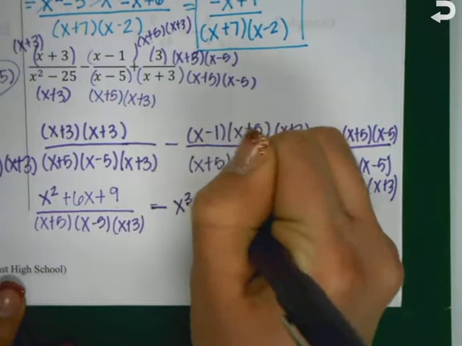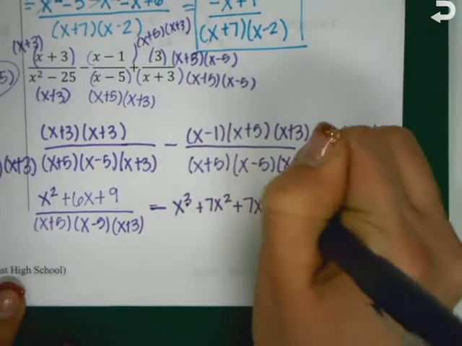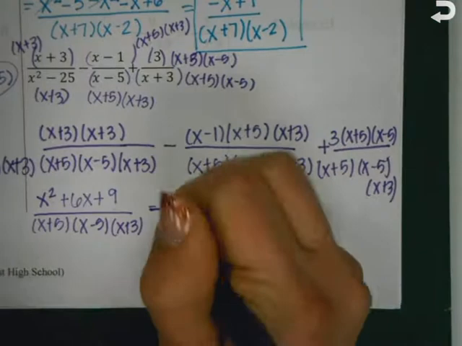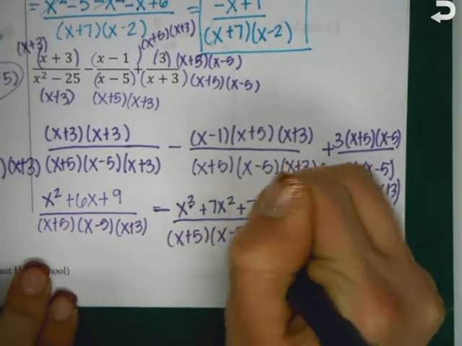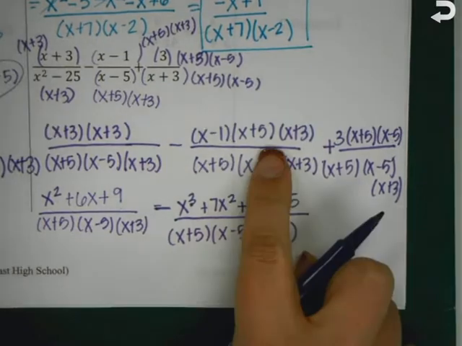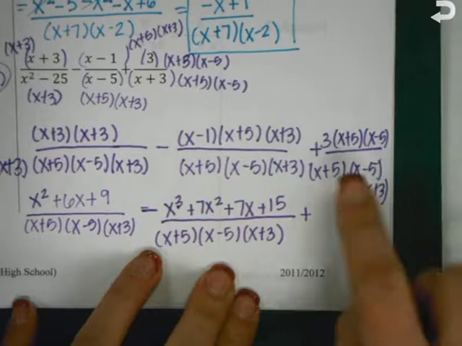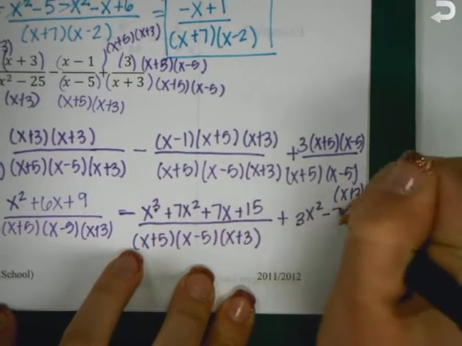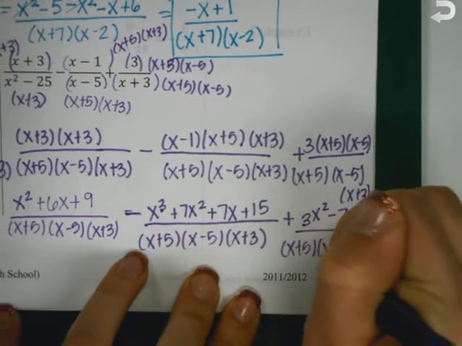I did box or FOIL on that one. And then this would become 3x² - 75. Okay, that one is FOIL and distributive.